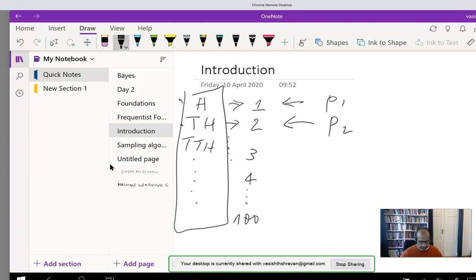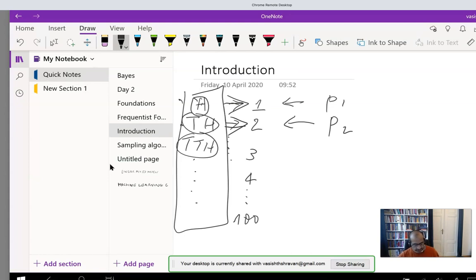So you could get a heads in the second toss with some probability P2, right? So there's a probability associated with each possible outcome, and each possible outcome is like heads, tails, heads, tails, heads, and so on. And each of these possible outcomes is being mapped onto some numerical value, which is the number of coin tosses that we did till we got a heads.